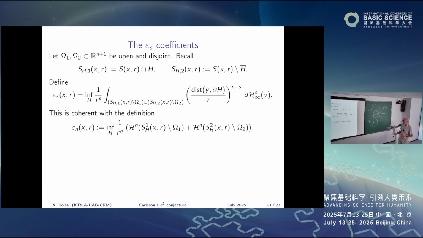It is easy to check that in the case s equal n, we recover the previous coefficient. When s is equal to n, this is equal to 0 and this vanishes.